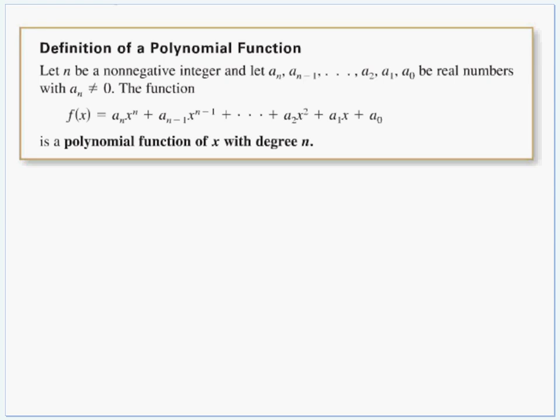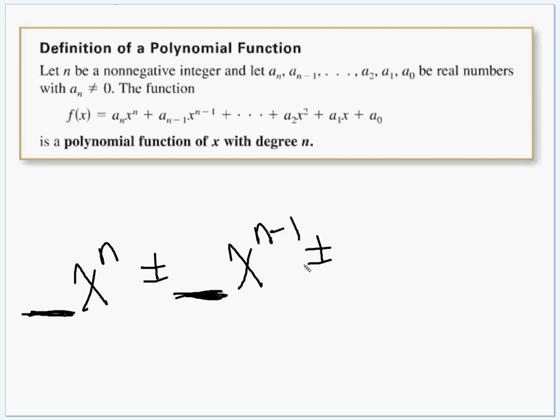Or just a simpler way to think about it, a polynomial is going to be some constant times x to an exponent, plus or minus some other constant with x maybe to 1 power lower, plus or minus another constant times x to 1 power even lower than that, n minus 2. And there could be a whole bunch in there. I'll do dot, dot, dot. Maybe we start off at the 100th power, and we're going to go all the way down.